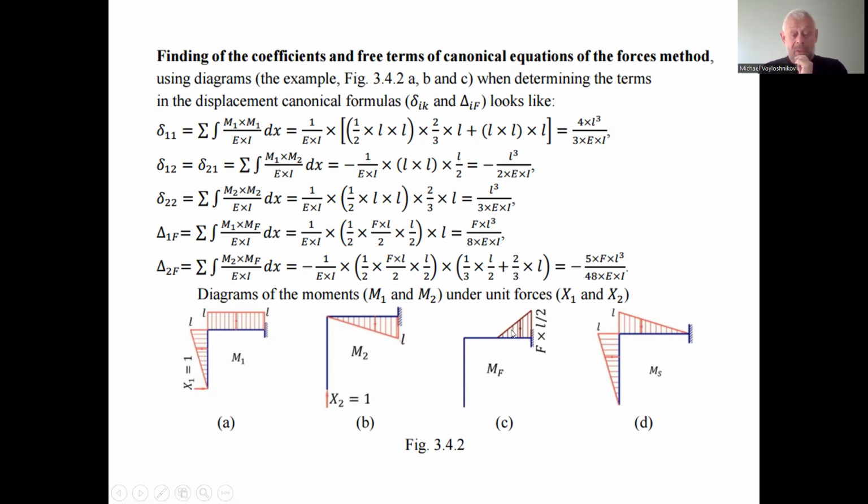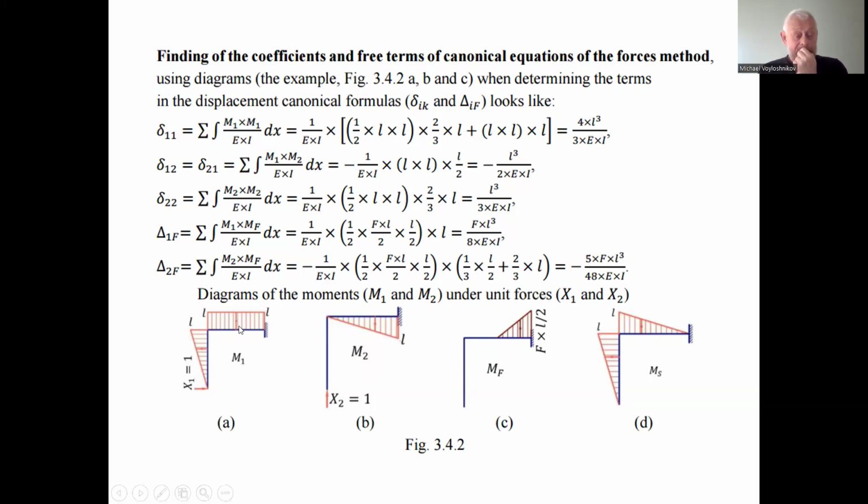And this would be the square of the diagram of the bending moment under the action of the external force. We take the common factor, the rigidity, outside into the denominator, and we multiply this by L. L is the ordinata of the bending moment diagram at this place, which is in projection of the center of area of the triangle diagram of the bending moments for the external force.